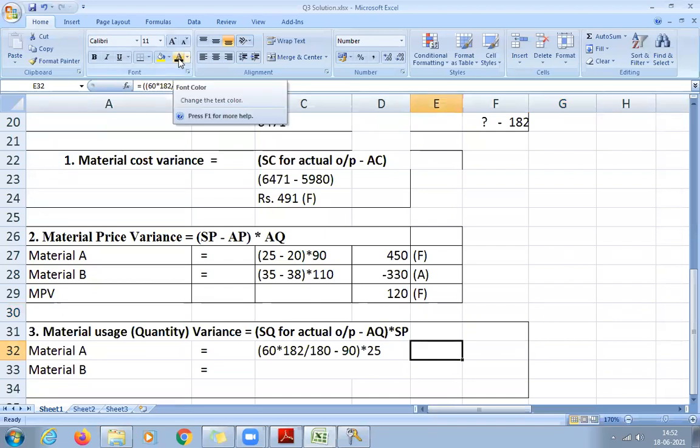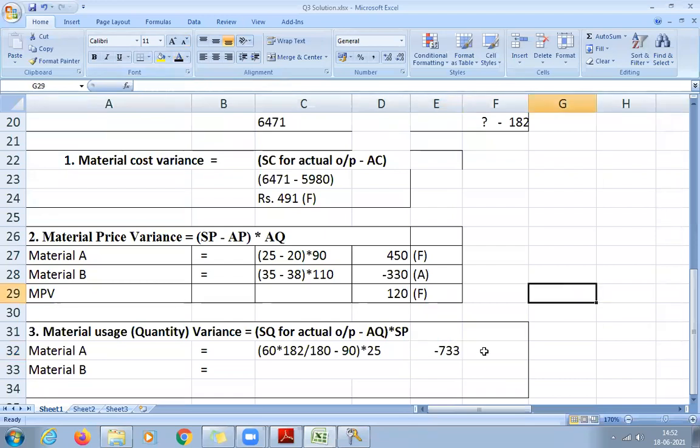Check once again. Minus 733. First you multiply this and then divide, then deduct 90 from that, and then multiply by 25. Do it stepwise or else you'll get a wrong answer.